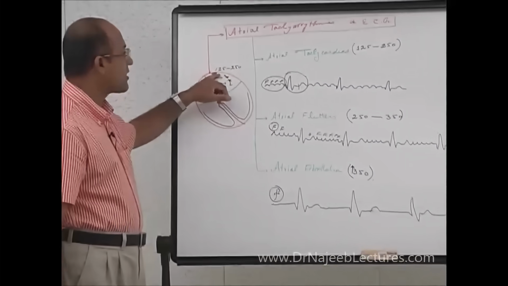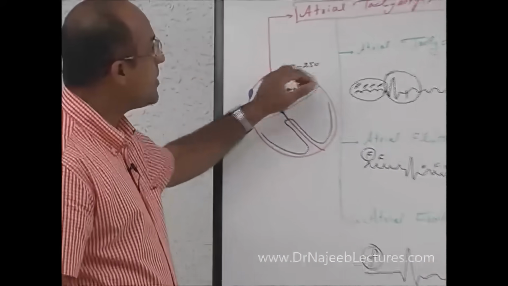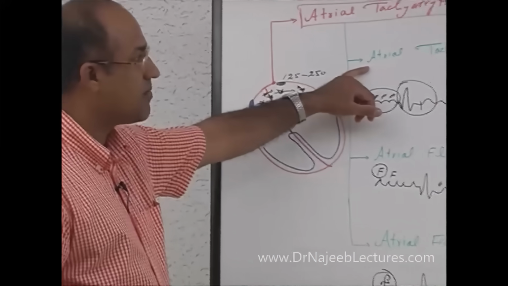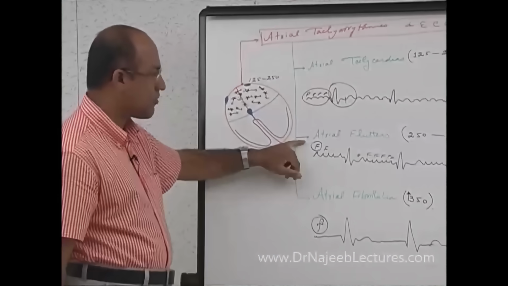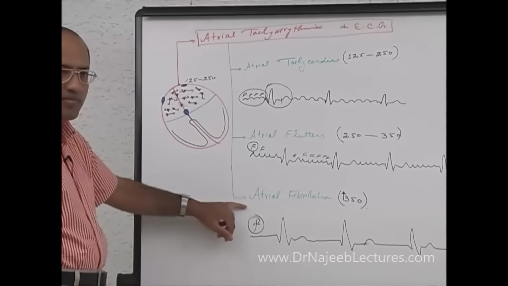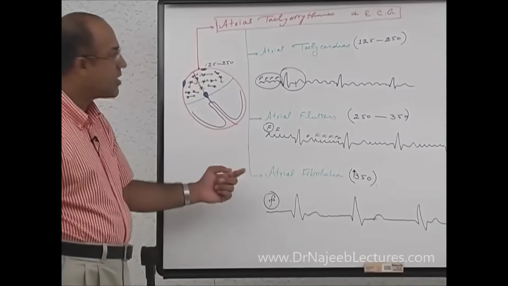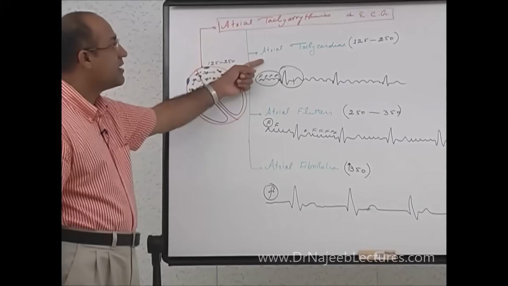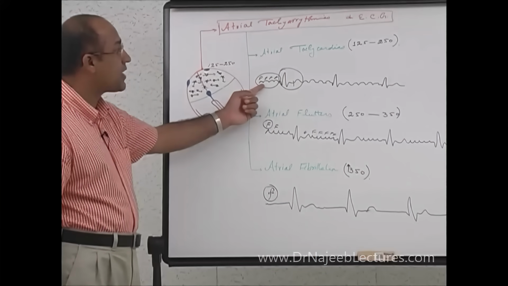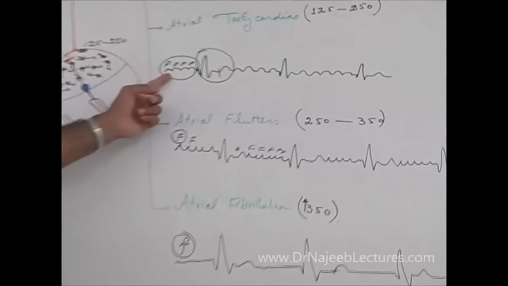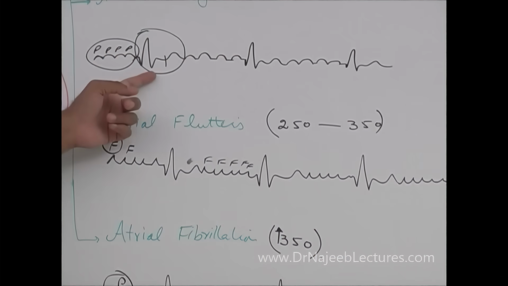Now again let me repeat it. When there is abnormal electrical activity in the atrium, it may lead to atrial tachycardia, atrial flutter, or atrial fibrillation. In this case, electrical activity in the atrium is progressively increasing. In atrial tachycardia, there are multiple well-defined recognizable P waves followed by a QRST complex.